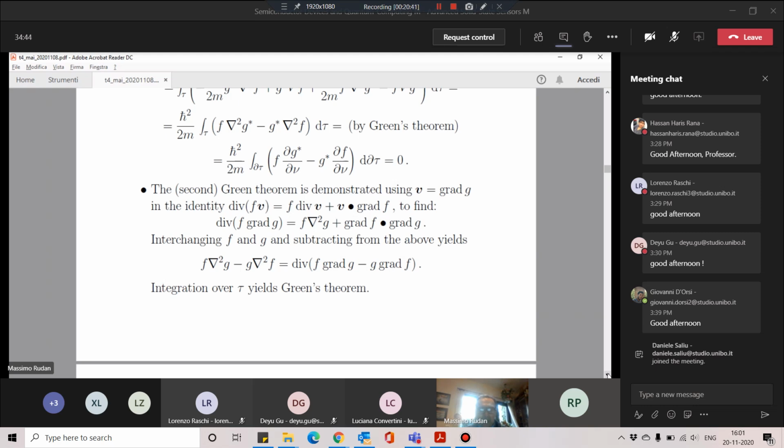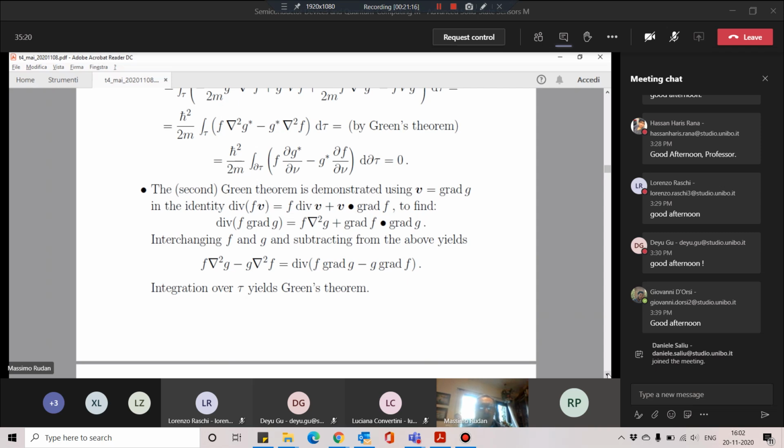So you have the expression of the divergence of f gradient of g. Then you rewrite the same expression by interchanging f with g. And then you subtract the second expression from the first one, and eventually you find the last line, that is the relation that you find above in the integral.